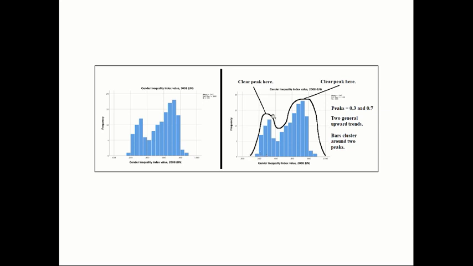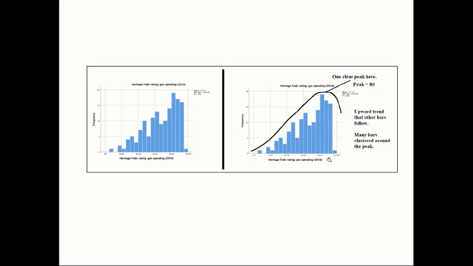So there's one around 0.3 and one around 0.7. And there are two distinctive upward trends with bars clustering around them. There's one trend here, going up with bars clustering around it, and then a clear dip, and then another upward trend with bars clustering around it. With the previous graph, the upward trend to the one peak looks kind of like stairs.